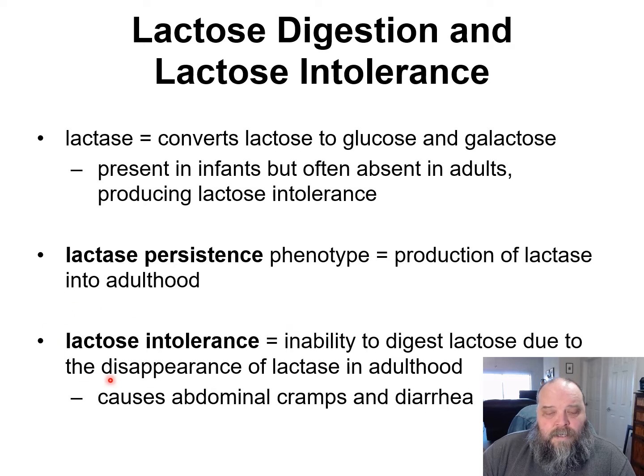as we age, we hit a certain point where we begin to lose the ability to express this gene. Quite a large number of us in the Western world seem to like dairy a lot more than the Eastern world does. We drink a lot, we eat a lot of cheeses and stuff like that, so we have lots of lactose in our diet.